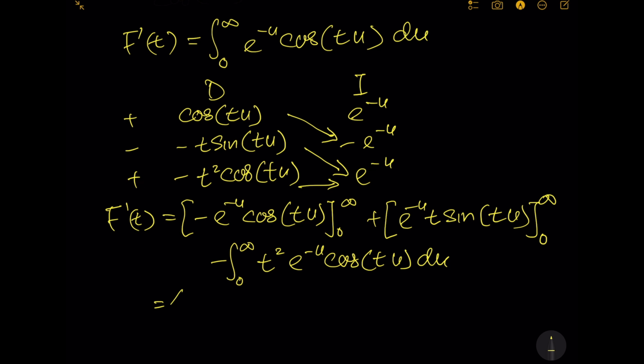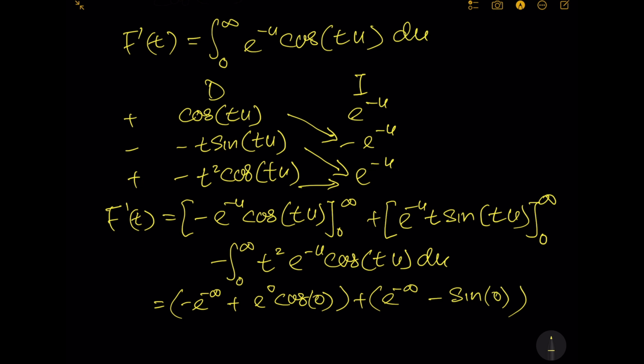Replacing u equals infinity and then u equals 0, the first term is negative e to the power of negative infinity plus e to the power of 0 times cosine 0, plus e to the power of negative infinity minus sine 0. The third term is actually similar to f prime t itself, so it is negative t squared times f prime t.